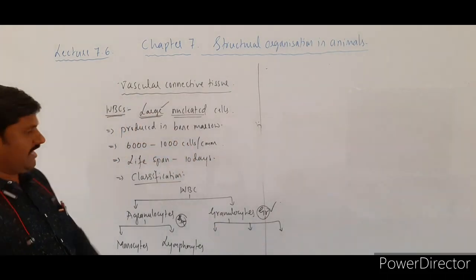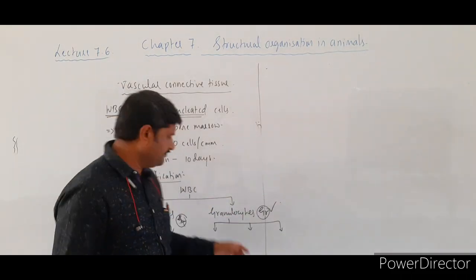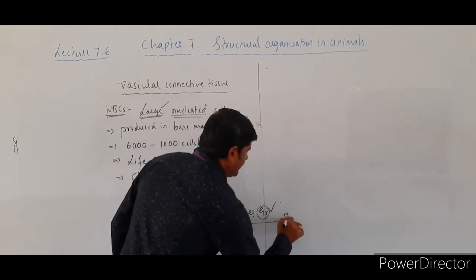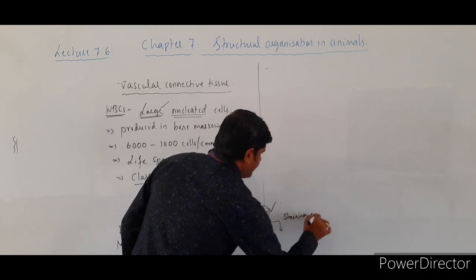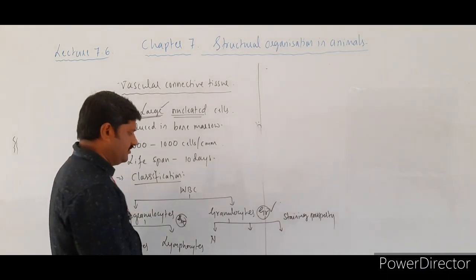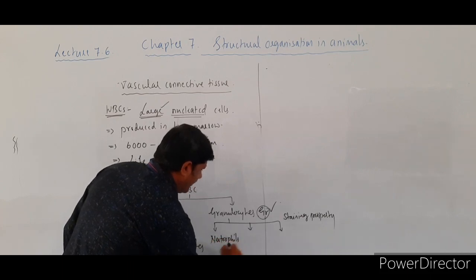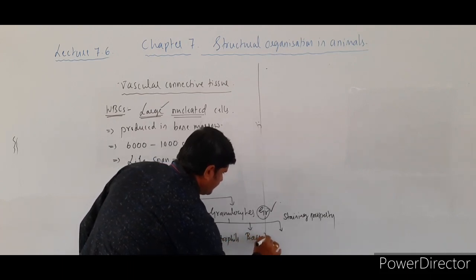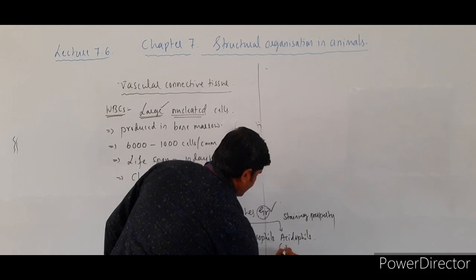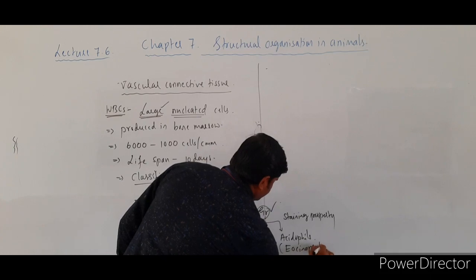Granulocytes are those WBCs which have granules within their cytoplasm, and these are classified based on their staining property into three types: neutrophils, basophils and acidophils, which are also called eosinophils, right?